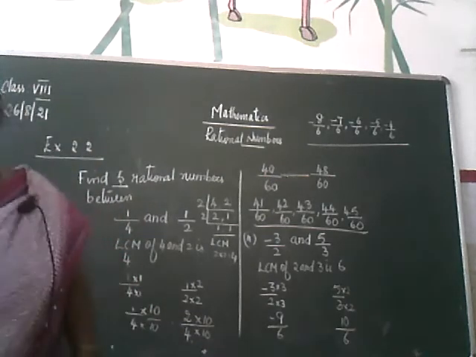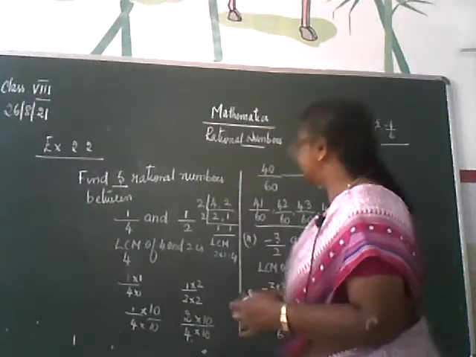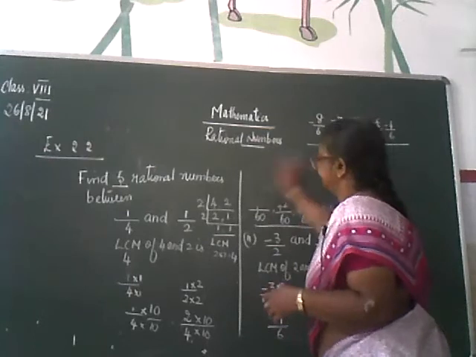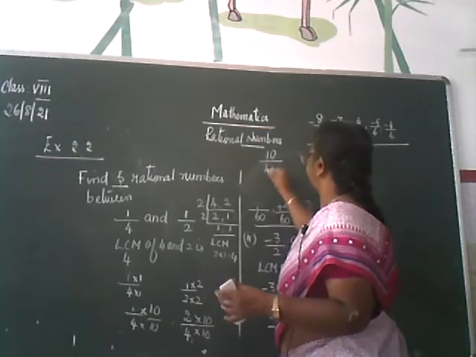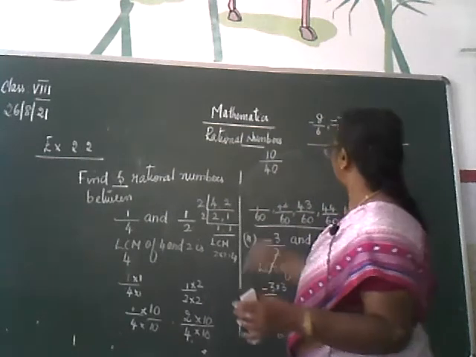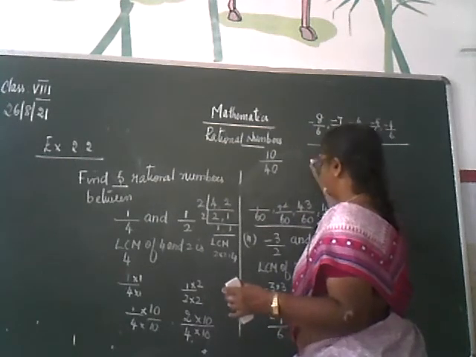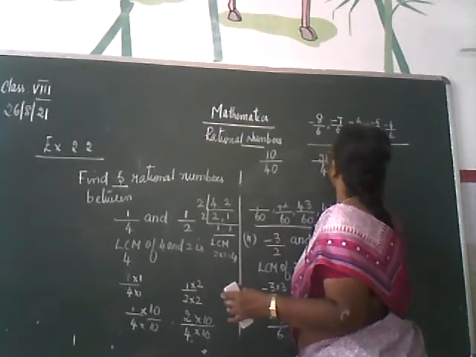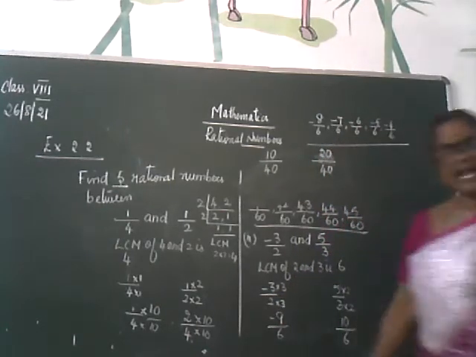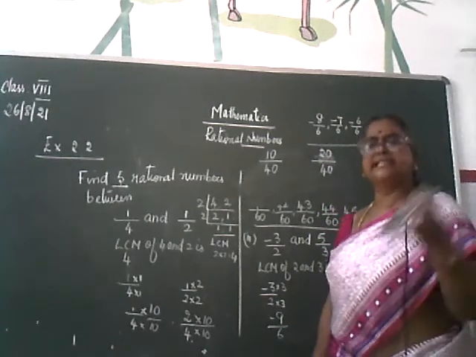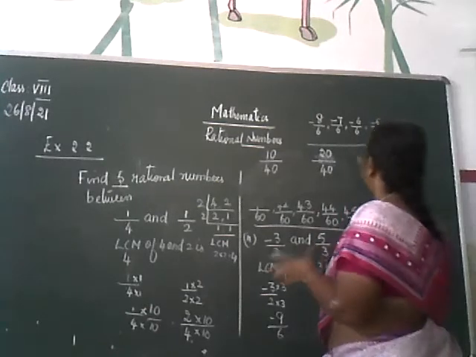So, what you will get? 1 tens are 10, 4 tens are 40, 2 tens are 20, 4 tens are 40. So, 20 by 40. So, can you write 5 in between them? Yes, you can write very easily.